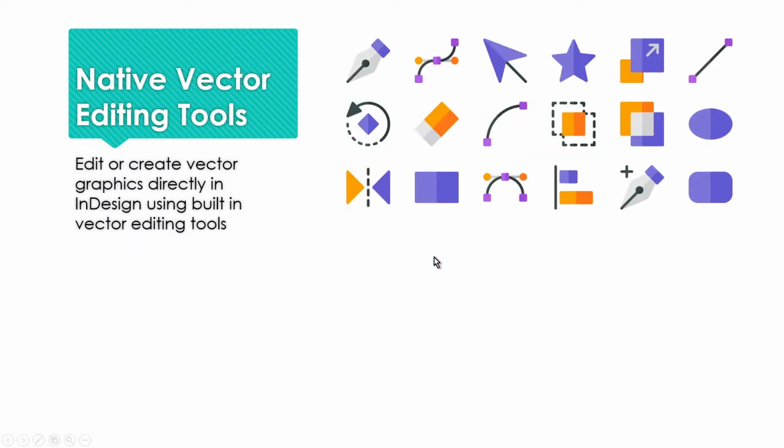InDesign has vector tools like Illustrator, so there's a pen tool, a selection tool, and an indirect selection tool. But let me tell you something: Photoshop can even do vectors. Did anyone know this before? No, sir. You can draw vector lines in Photoshop.